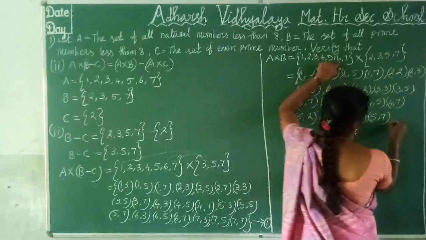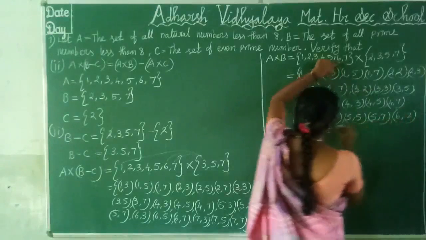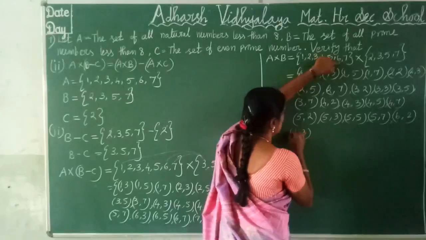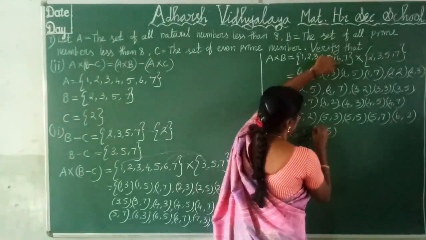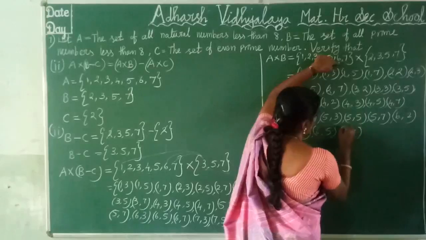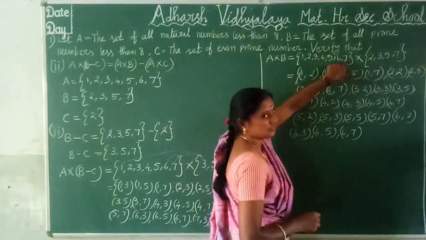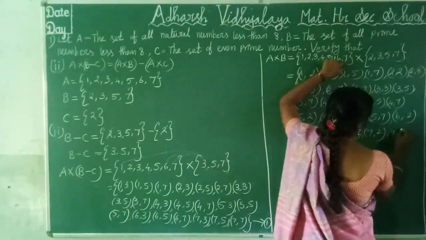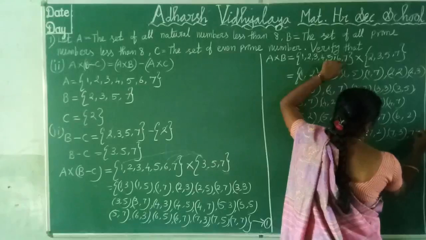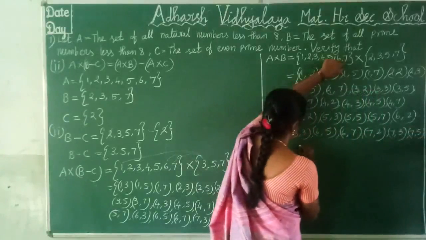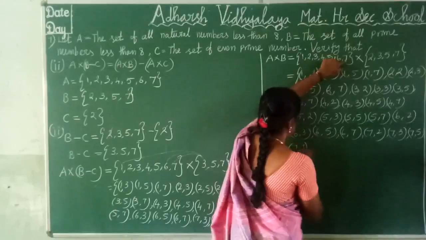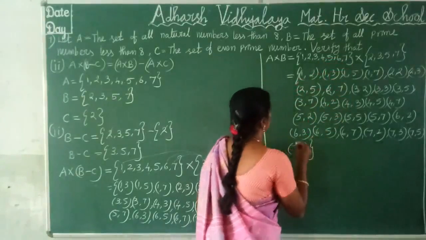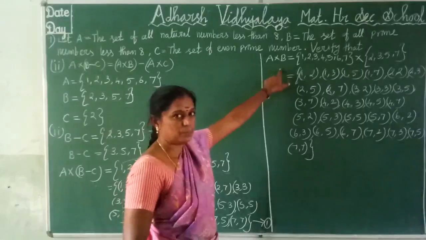Next 6: (6,2), (6,3), (6,5), (6,7). Next we start 7: (7,2), (7,3), (7,5) and (7,7). So that's all. That is A cross B.